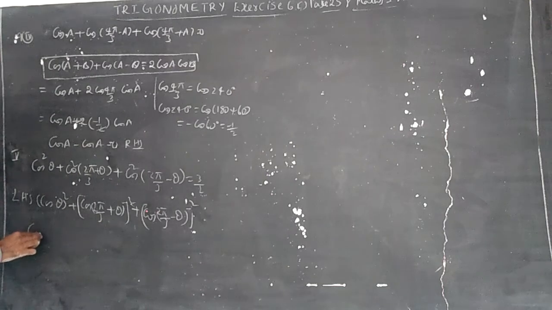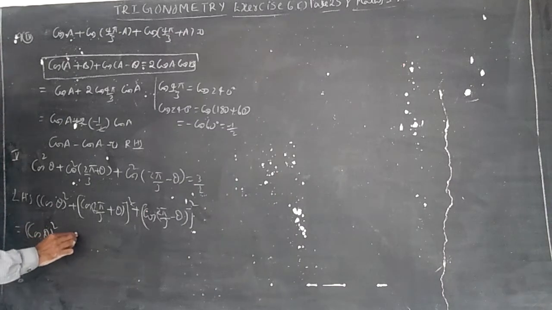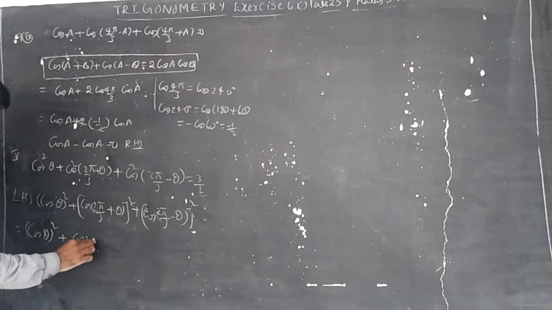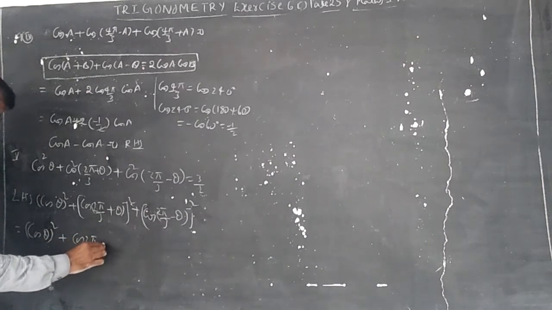Cos theta whole square, cos square theta also we can write, plus, this is the formula cos of a plus b: cos a cos b minus sin a sin b.